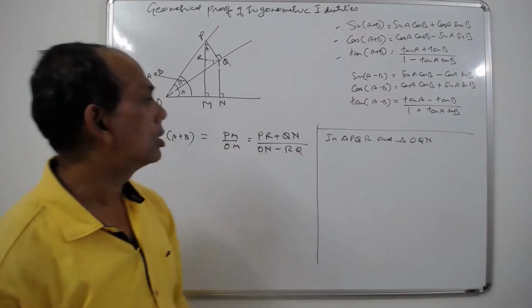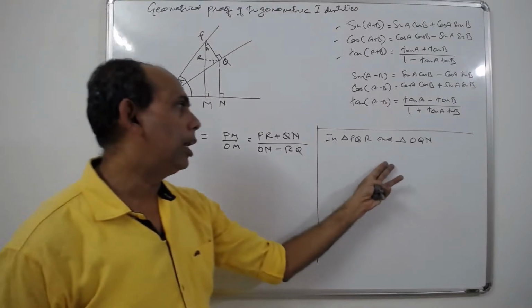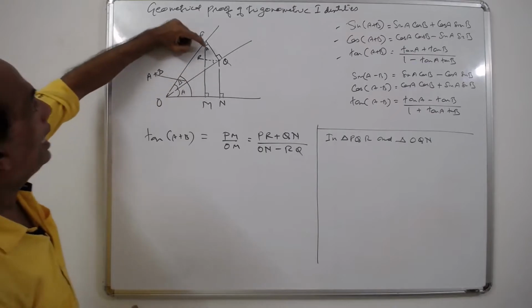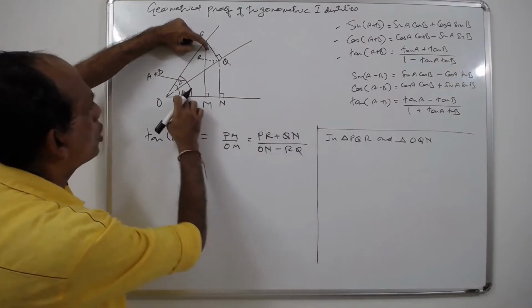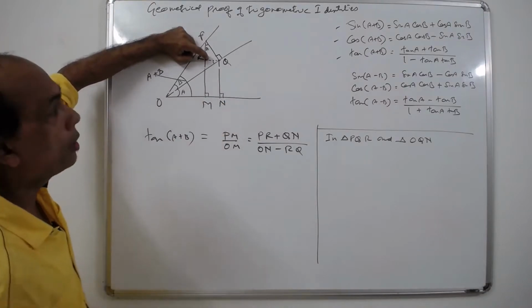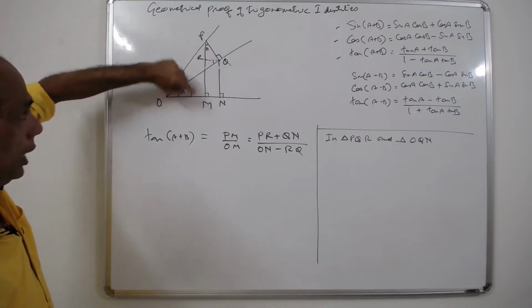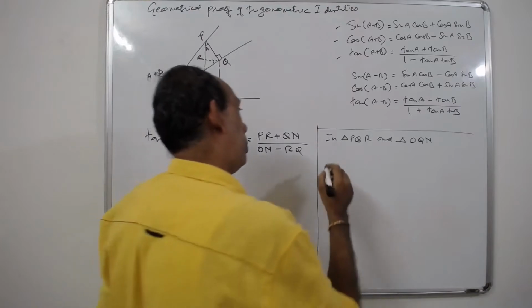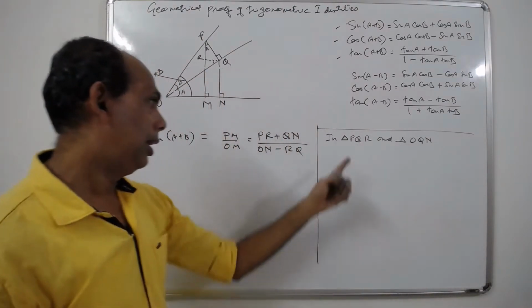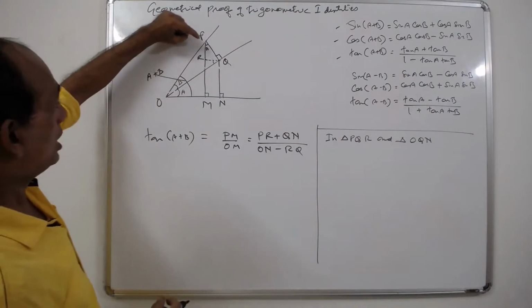They are, because for triangles to be similar, any two angles must be equal. Angle A is there in this also, so they are equal. The 90 degree right angle is also the same, so these two triangles are similar. Then the ratios of the sides are also equal. Let's make those ratios equal.